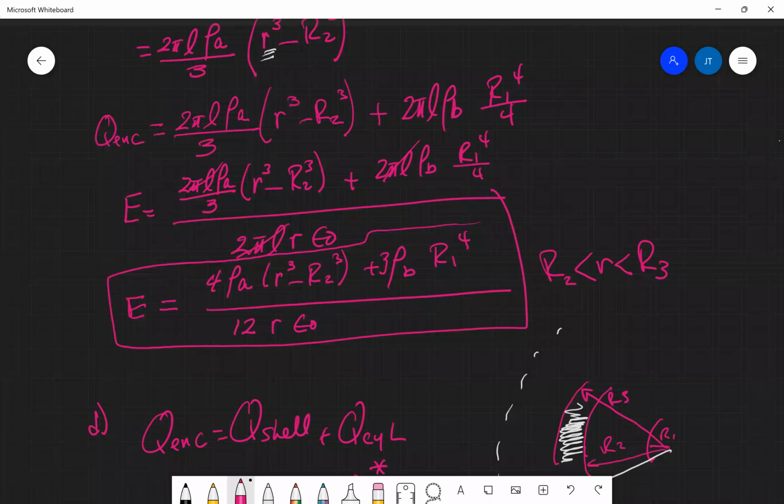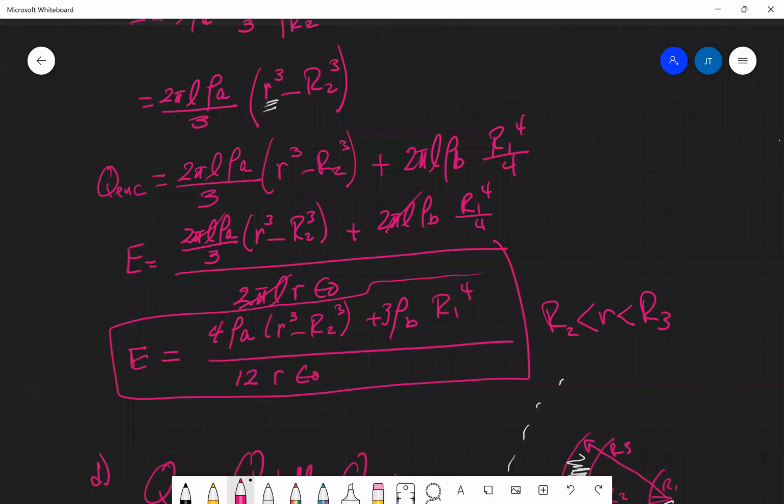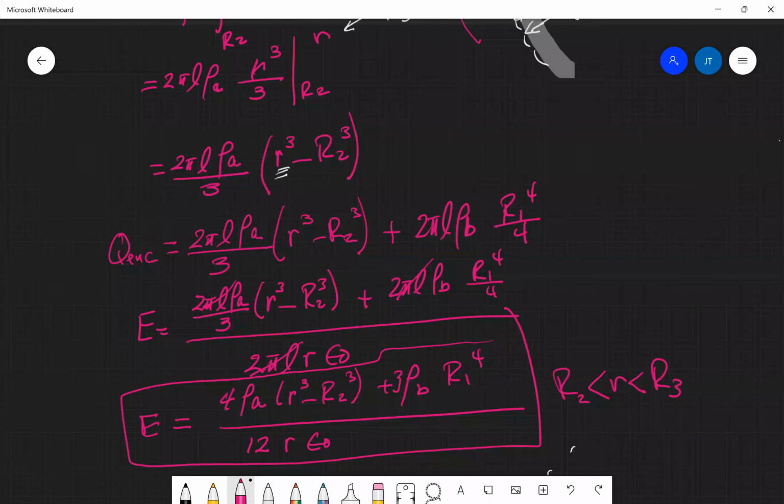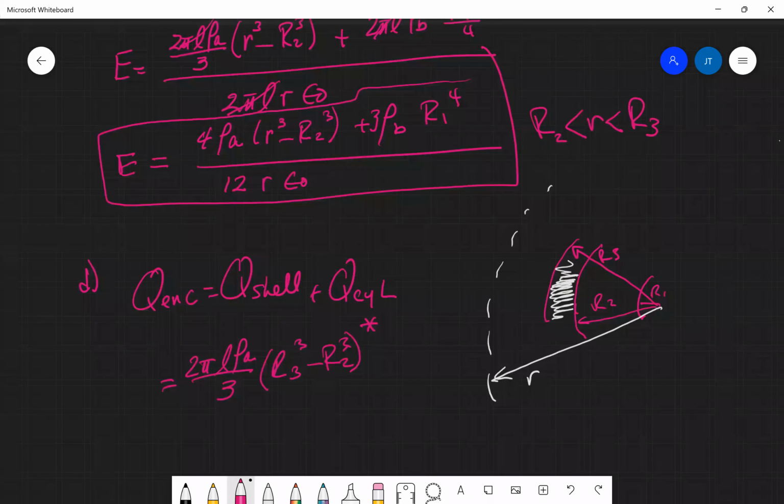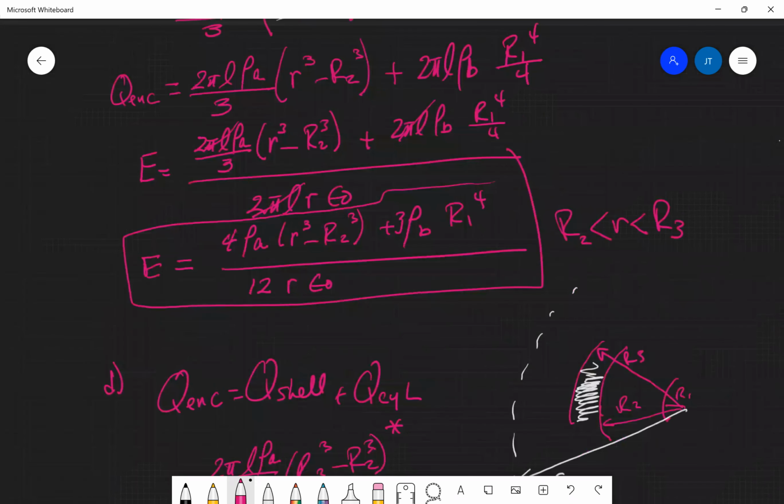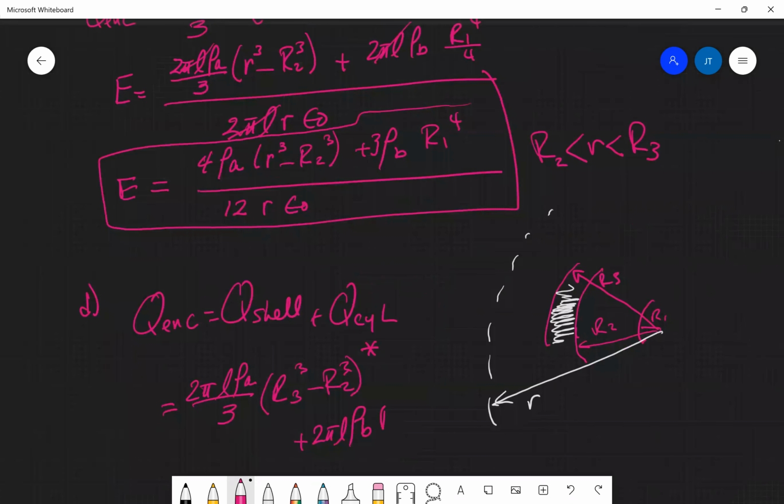That's it. That's Q enclosed for the shell. And then for the cylinder now, 2 pi L rho B over R1 to the 4 over 4.